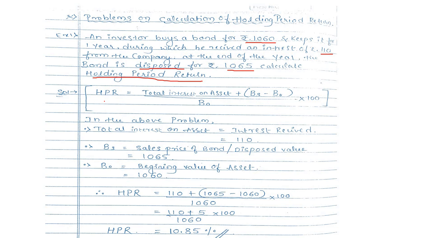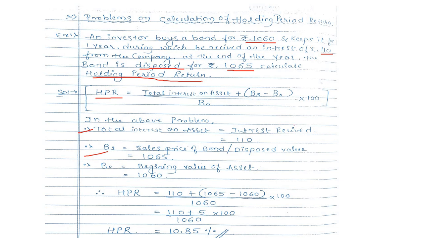Holding period return, HPR, is equal to total interest on asset plus BS minus B naught, divided by B naught. Total interest on asset means the total interest we received, plus BS, which is nothing but the sales price or disposed value of the bond.